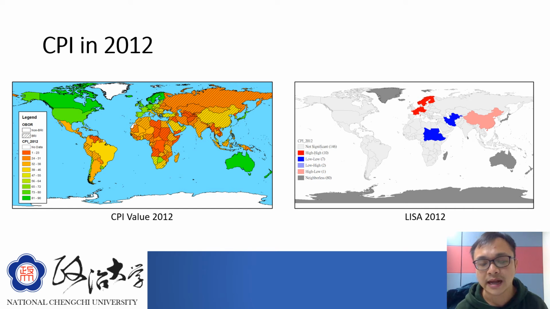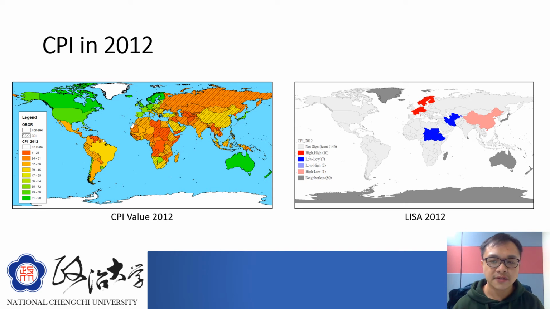So it means China's neighbors are so much more corrupt than China, which makes China stand out a little. We need to remember this point. Also, you can see some clusters, the dark blue in Central Asia, the Middle East, and East Africa. All these countries that connect together are very corrupt, and they cluster together as a corrupt cluster.